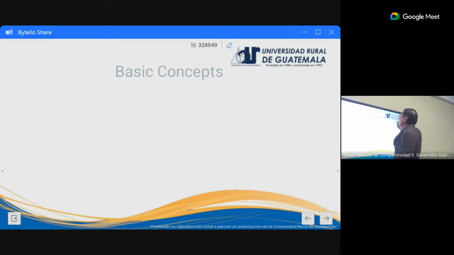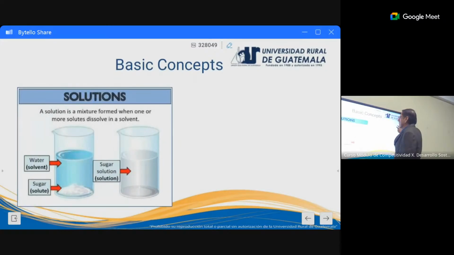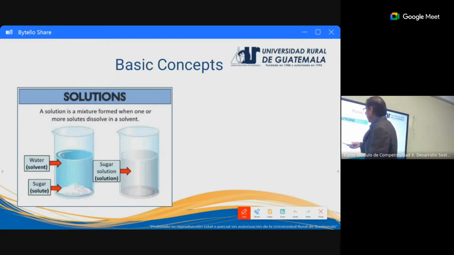Let's check more examples in order to understand these concepts here. So let's check this image here. In this case, we have a liquid here that is water.